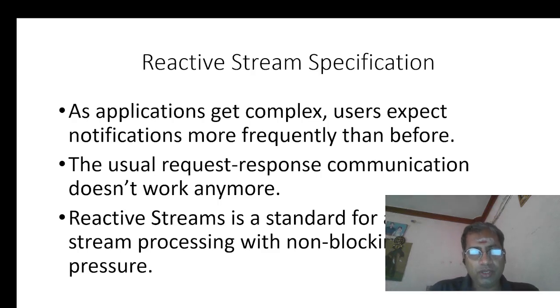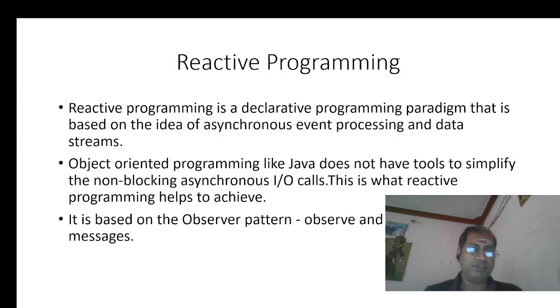Reactive streams is a standard for asynchronous stream processing with non-blocking backpressure. So reactive programming is a declarative programming paradigm that is based on the idea of asynchronous event processing and data streams. Object-oriented programming languages like Java do not have the tools to simplify the non-blocking asynchronous call. This is what reactive programming helps to achieve.